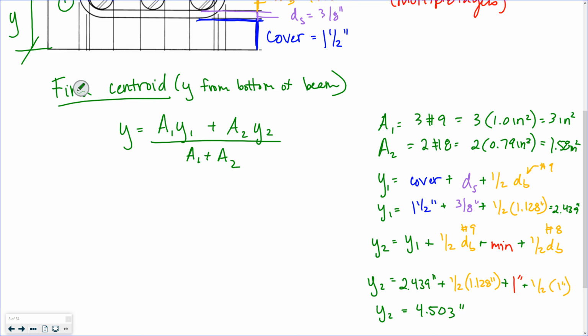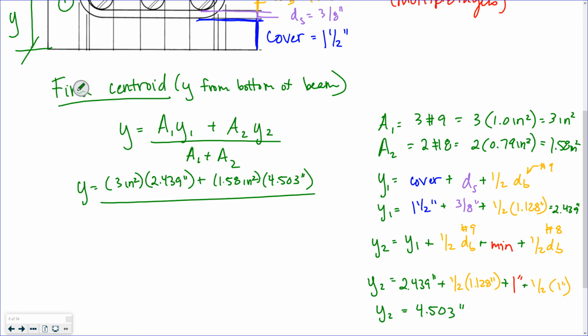Okay. Should be even better. So, if I want to find the centroid, I've got 3 inches squared times 2.439 inches plus 4.503, area 2, 1.58 inches squared times 4.503, divided by the total area.